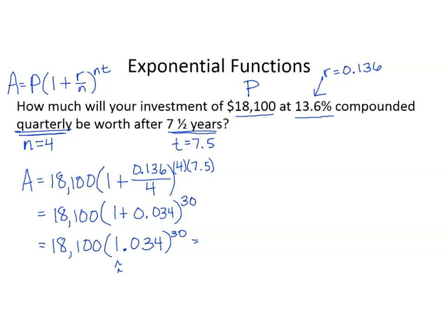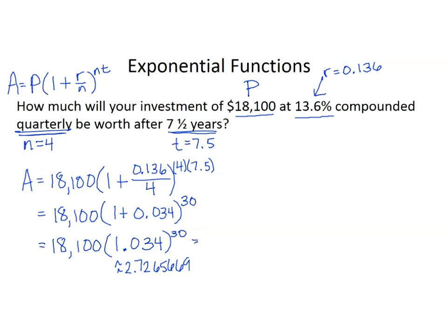It's approximately 2.7265669. But I'm going to keep it in my calculator, right? Keep it there, because all I have left to do is multiply by 18,100. So now with that big long decimal in my calculator, I'm going to hit times 18100.